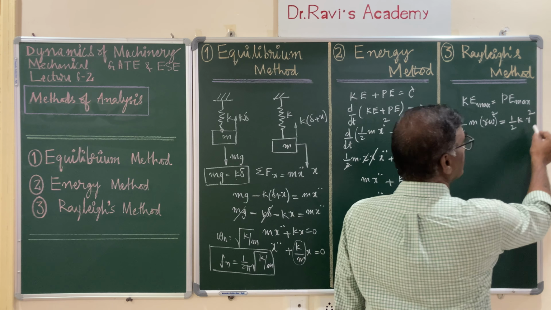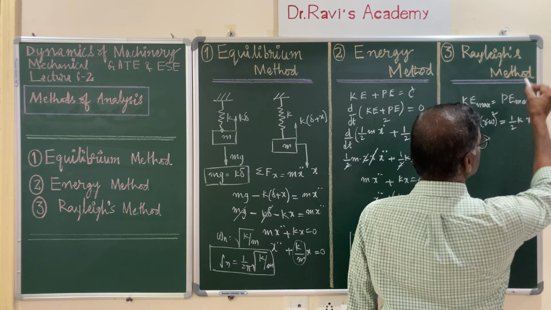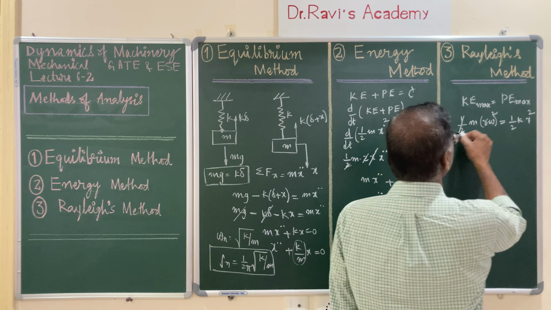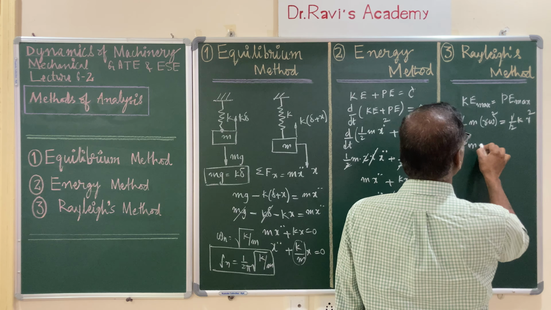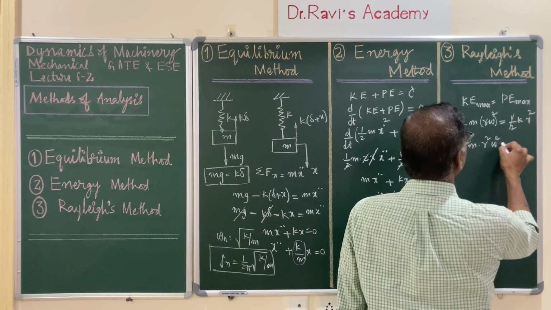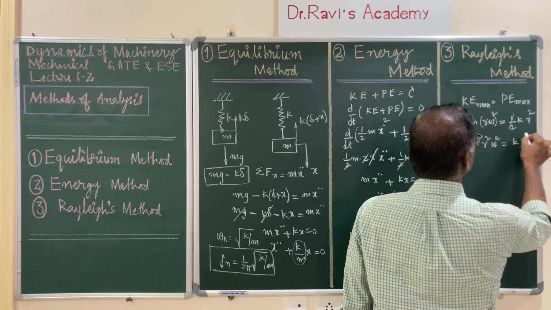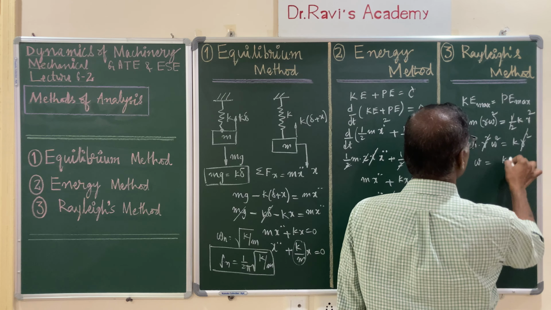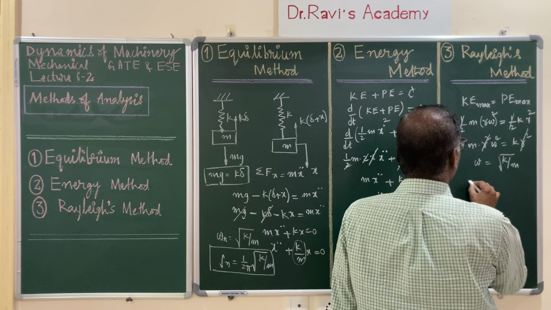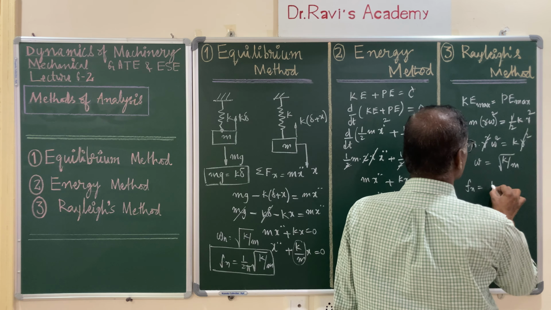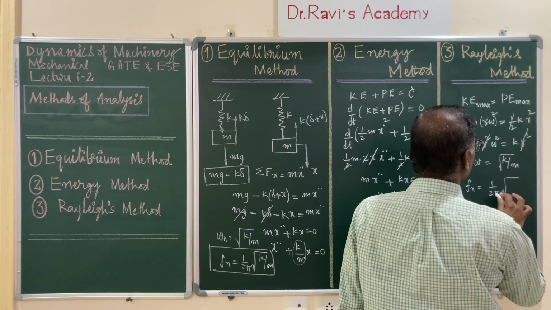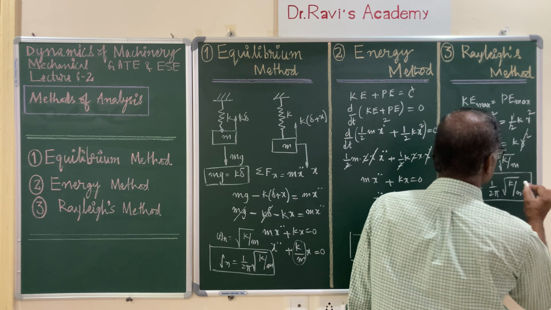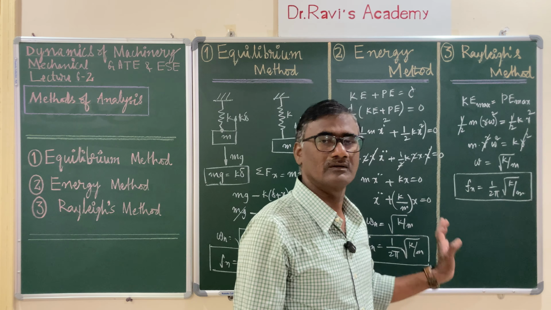So in place of x I am taking maximum displacement, that is maximum potential energy. So now this gets cancelled, and you have m into r square omega square is equal to k r square, and r square gets cancelled, and you have omega is equal to under root k by m, and natural frequency Fn is equal to 1 by 2 pi into under root k by m. This is by Rayleigh's method, which is the modified form of energy method.